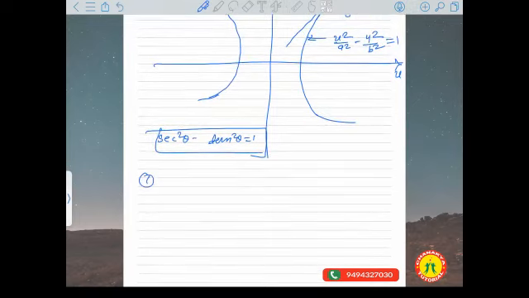First is what will the equation of tangent to the hyperbola.